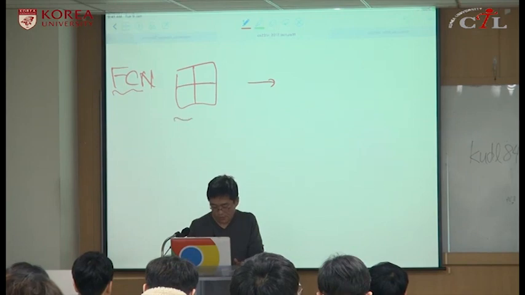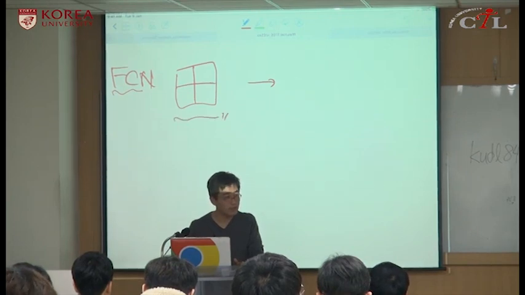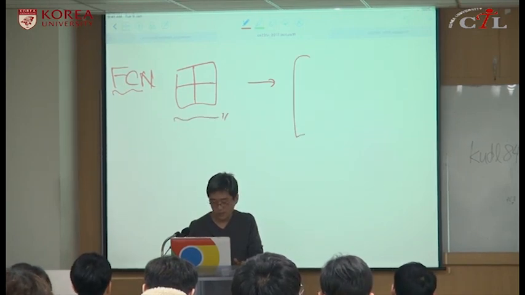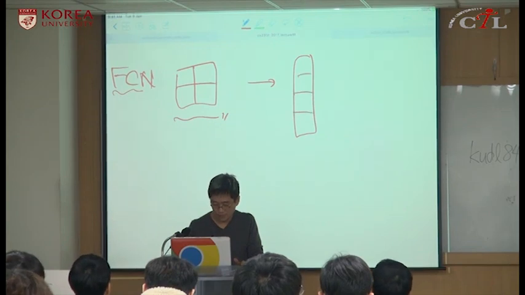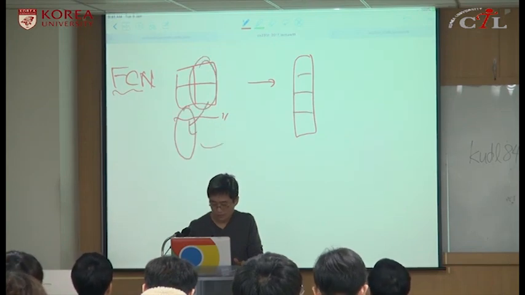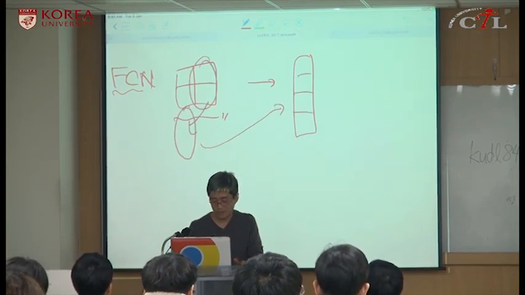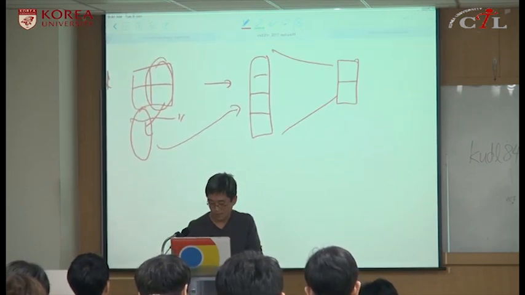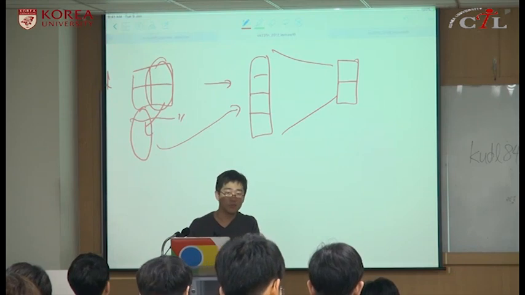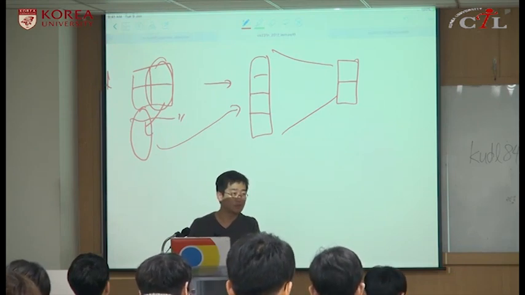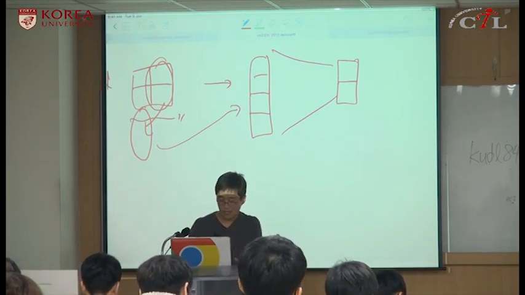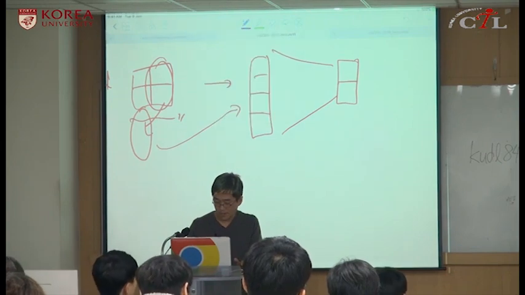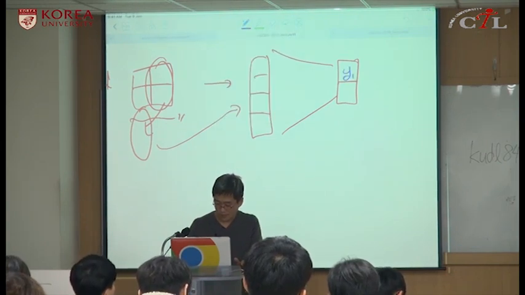Suppose we have this activation map, and now we turn to the fully connected layer, and it will be reshaped into a single vector, a 4-dimensional vector. Suppose we have a 2-dimensional output in this fully connected layer, y1 and y2.